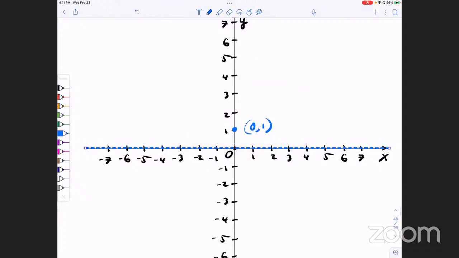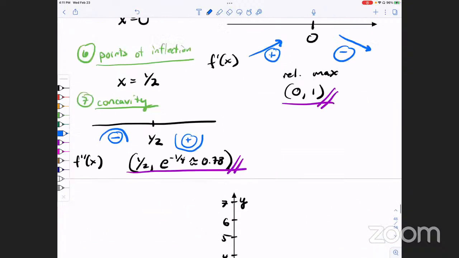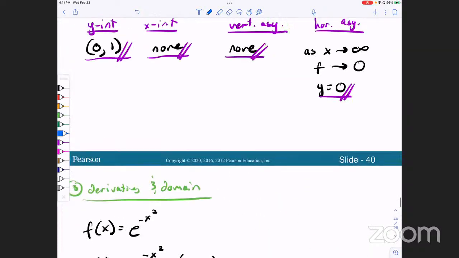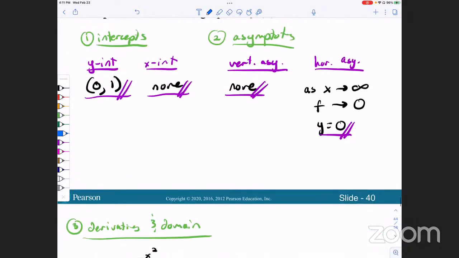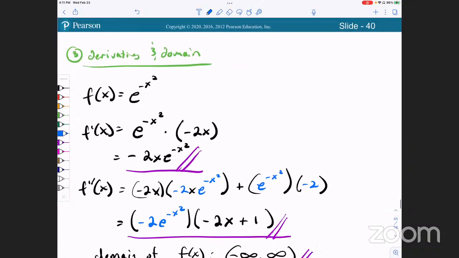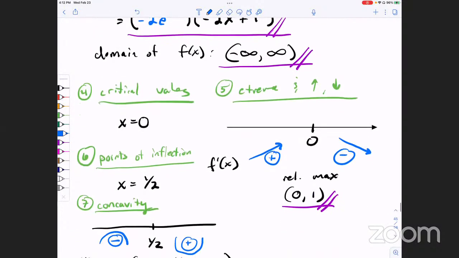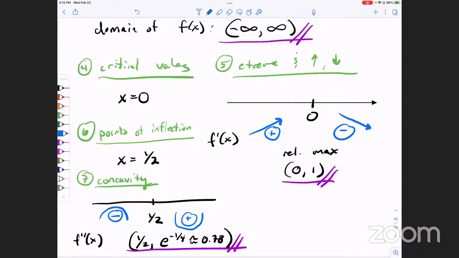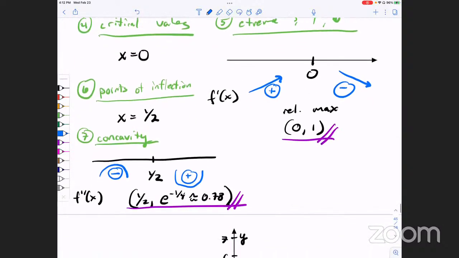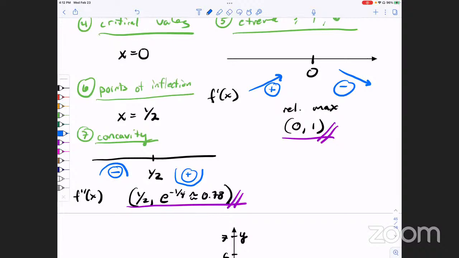So we got our y-intercept and a horizontal asymptote. The domain is all reals. So we said we had a relative max. Let me think about this. How could this go? Let me check this one more time.